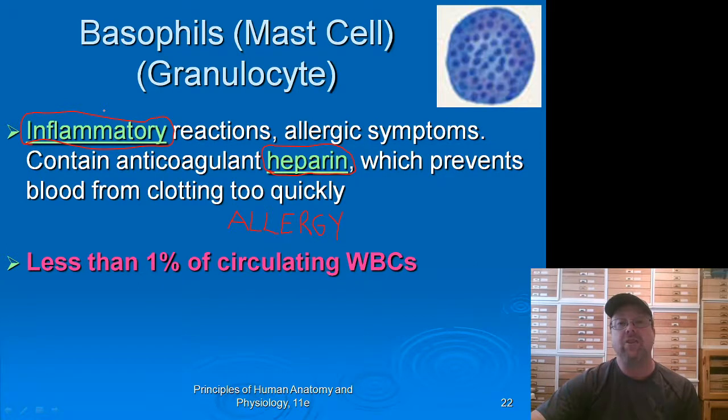And that inflammation is going to give you your seasonal allergies. So one of the major functions of allergy medicine is to knock down the inflammatory response, so we try and turn off that inflammation, or we inhibit the basophils so that they cannot cause the inflammation.